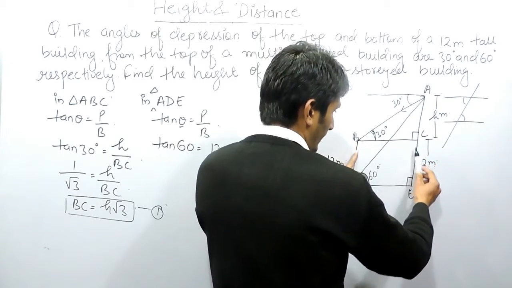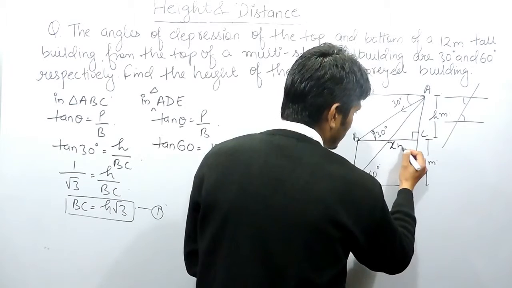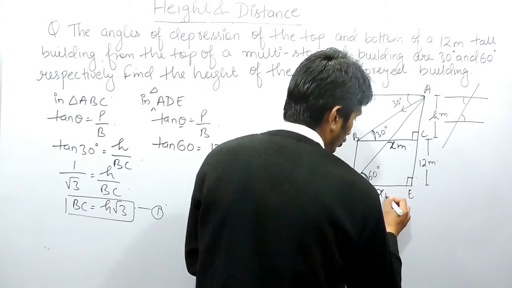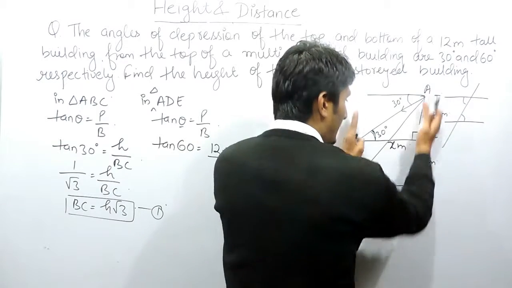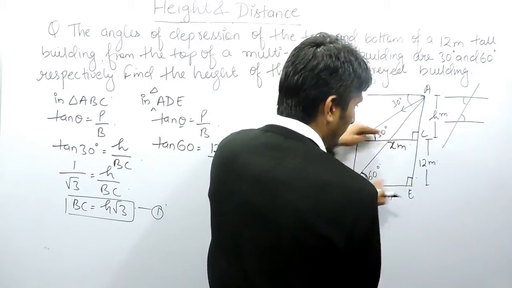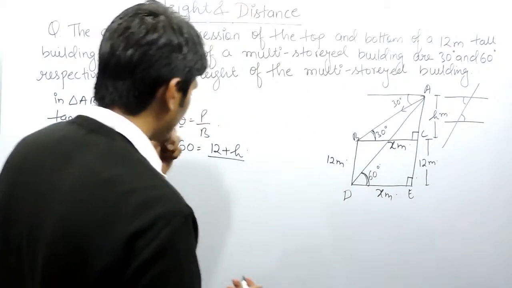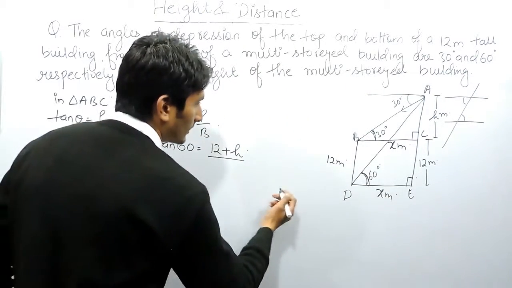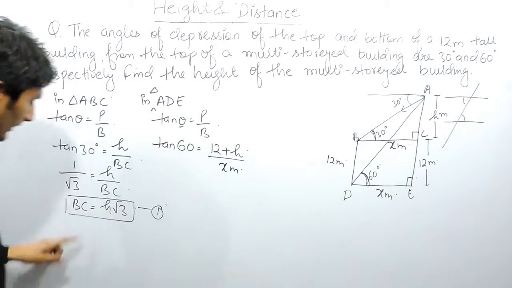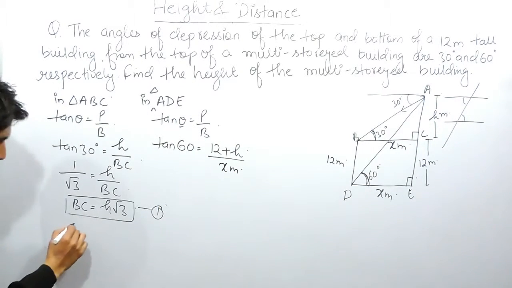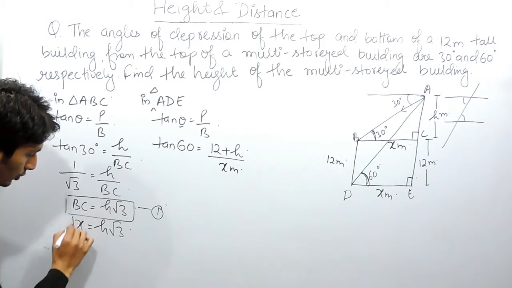For the base, this value and this value will be the same. If I consider this as x meters, this must also be x meters, because these are parallel buildings and the perpendicular distance between them remains the same. Here BC can also be written as x, and that is equal to h root 3.